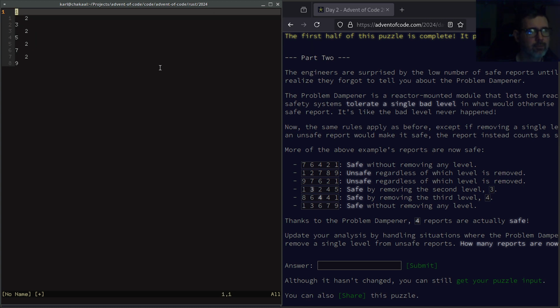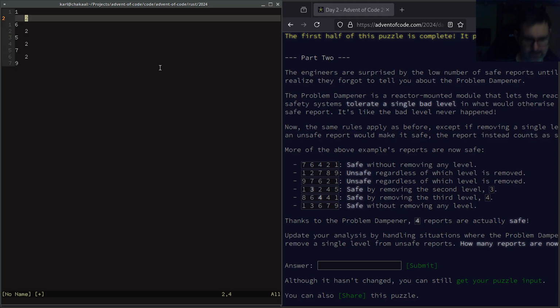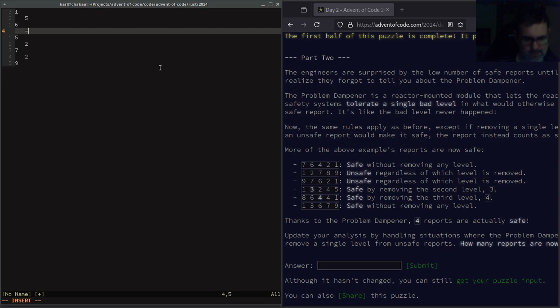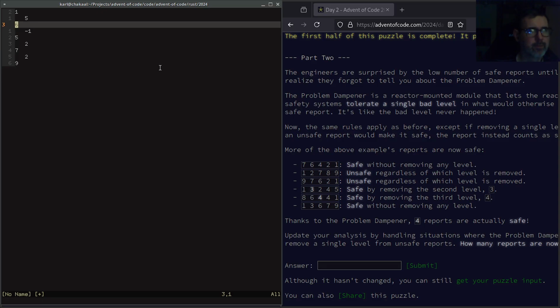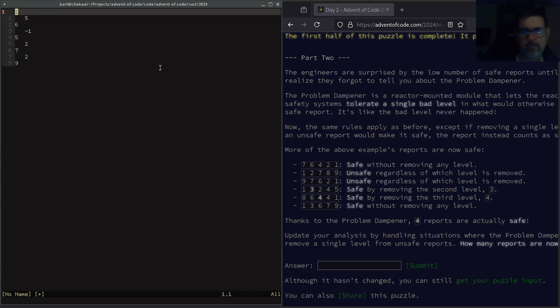So what we're saying is, like right here, if we bump this to 6, this goes to a 5 magnitude, and this goes to a -1. But actually, this would still be invalid because even if we knock this node out, the difference between these two is 4, which is still bad.